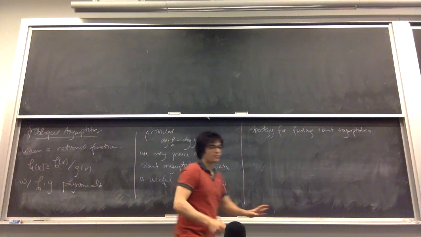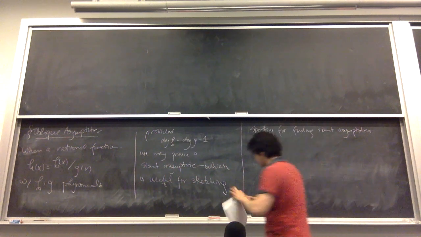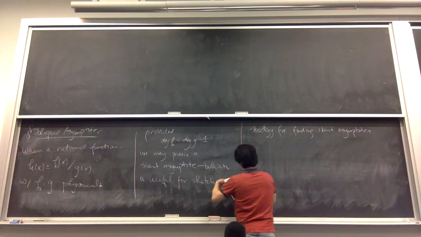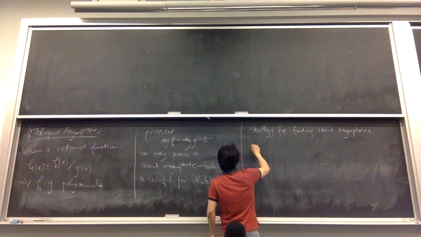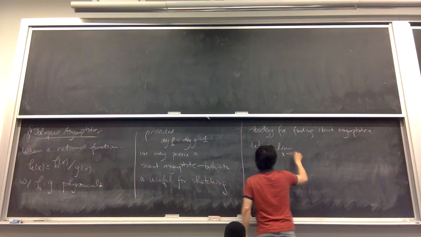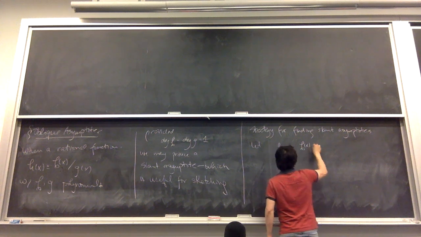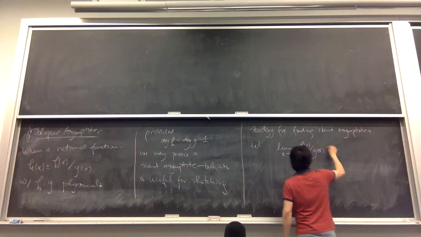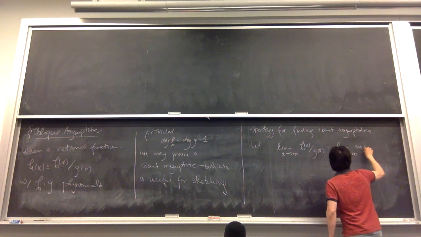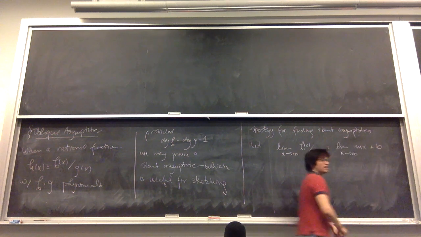So basically how we do this is we say, okay, provided it really is the case, first we let the limit as x goes to infinity of the function equal a line, mx plus b, at infinity. That's our claim.